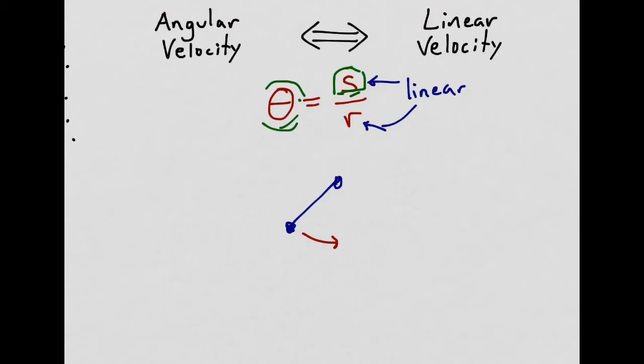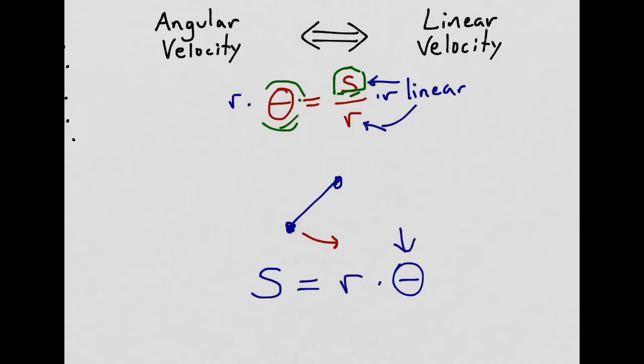As the arc length changes, as we move around the circle and the position on the arc changes, the angle also changes. So we can use the following form. If I multiply both sides by r, we get the relationship s equals r times theta.